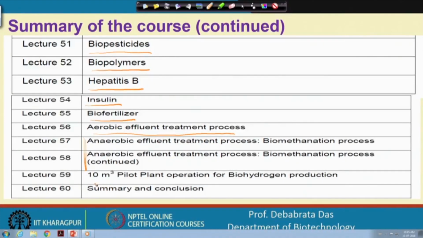Then we discussed the 10 cubic meter pilot plant operations for the biohydrogen production, that we already discussed in details. We have given videos here. I hope the main purpose of discussing this is just to give you the impression of how a process can be operated at industrial level.